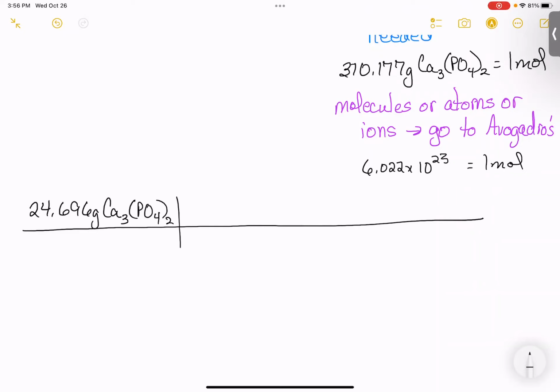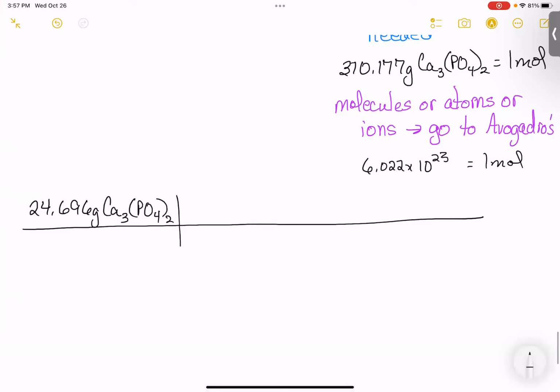Now, here is one new facet. Not only does it have to have the same unit, but it's got to have the same substance. Today, for this question, that's not important, but for future questions, it could be. So I need grams.